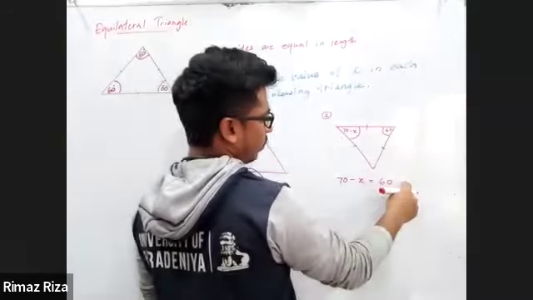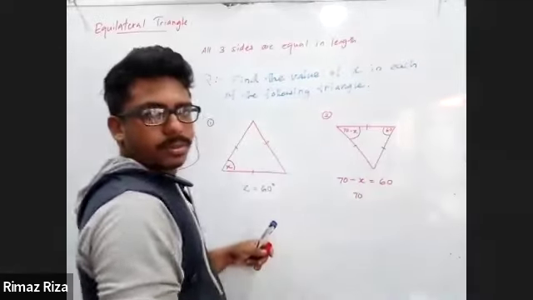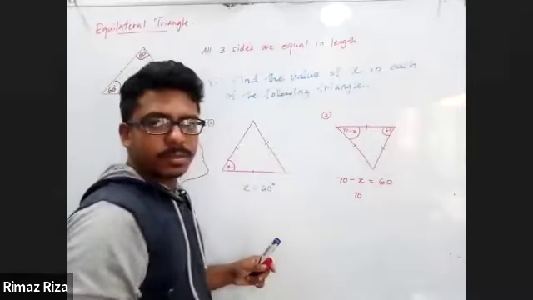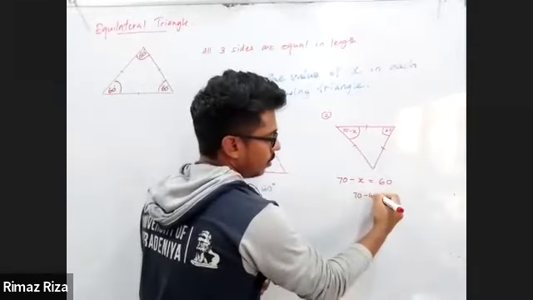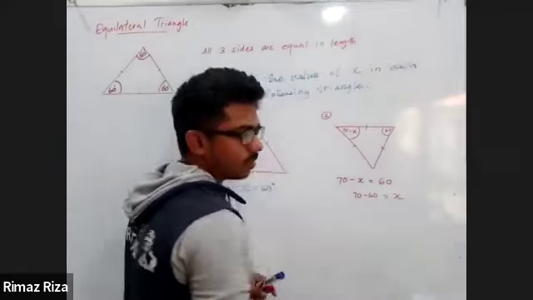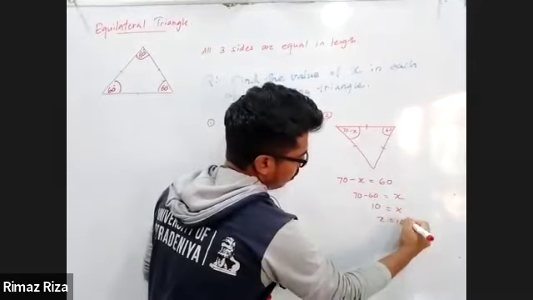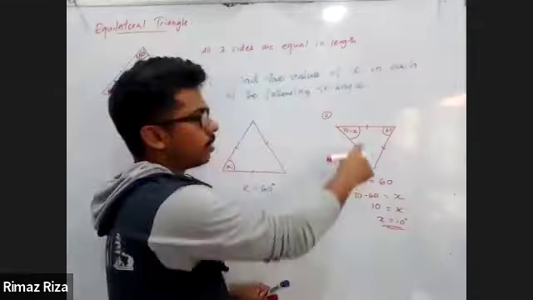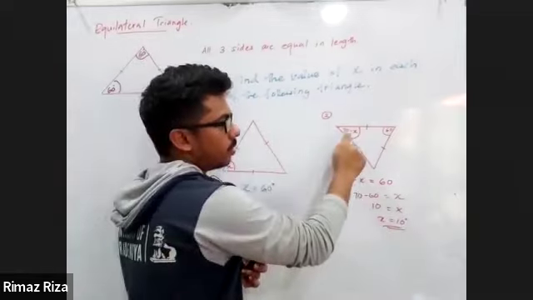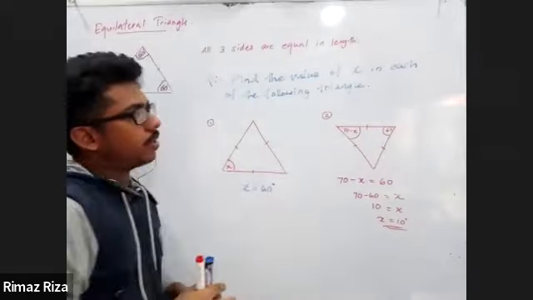Taking x to the other side and 60 to this side: 70 minus 60 is 10, so 10 equals x, therefore x equals 10 degrees. Because this angle has to be 60, and with 70 minus 10 it will be 60. Okay, quickly write down.